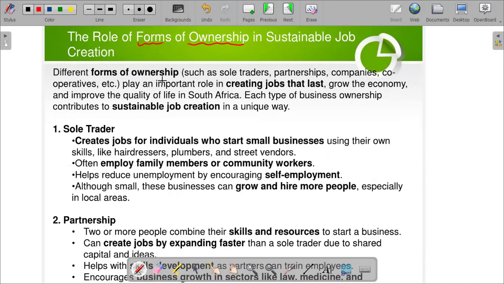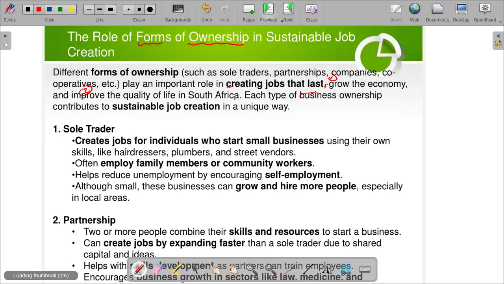It says here different forms of ownership, such as sole traders, partnerships, companies, and cooperatives, play an important role in creating jobs that last. Remember the characteristics of sustainable job creation: your jobs should last, right? They must create jobs that last so that they can grow the economy and improve the quality of life in South Africa.